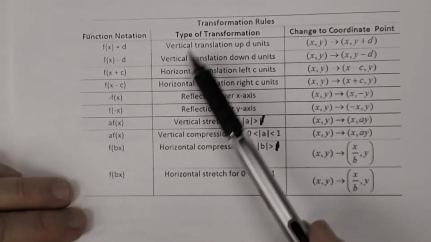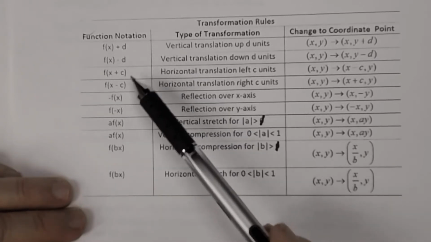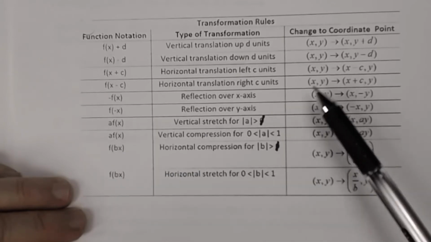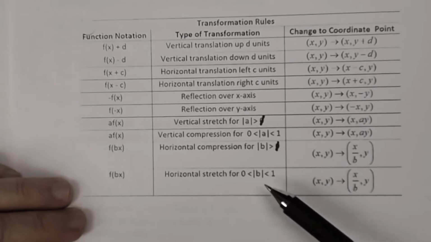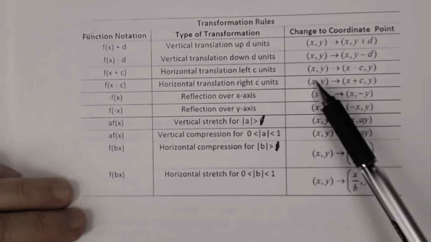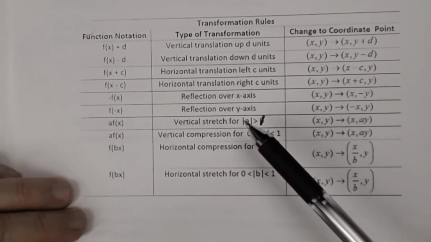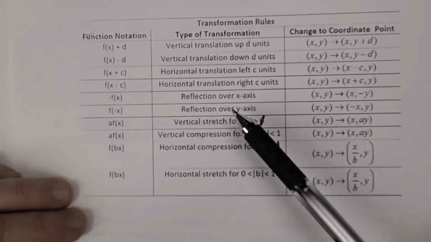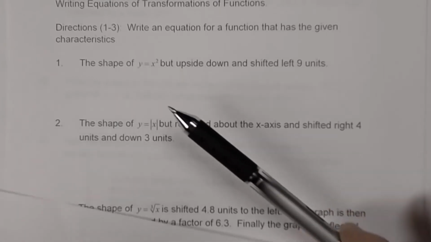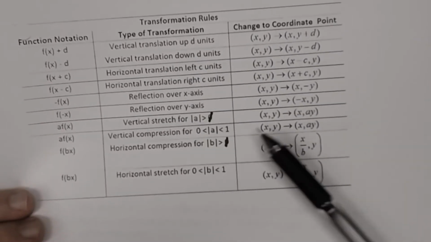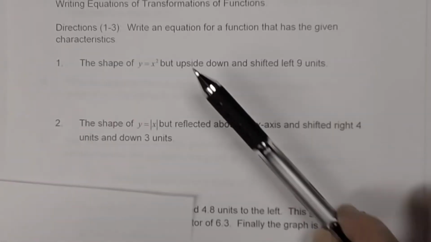And as we talked about that, we looked at what the notation looks like, and we also talked about what the points look like. So just go back if you need to and review these lessons. But in this lesson today, what we're going to do is summarize all of this with these problems.